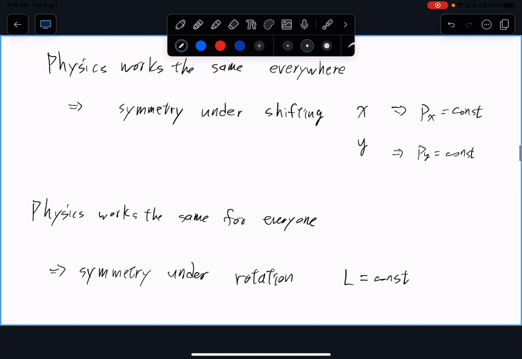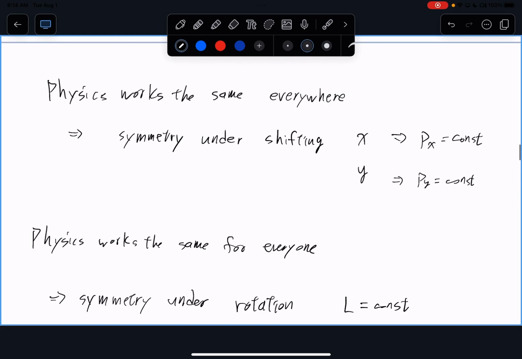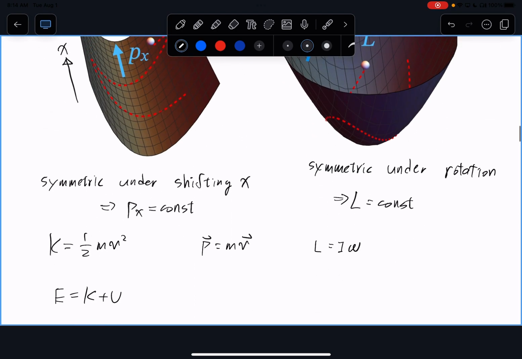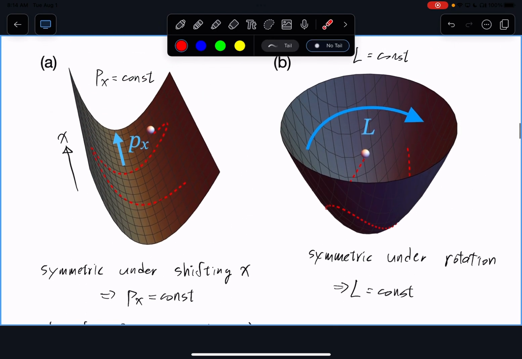Finally, we have energy conservation. And what does that correspond to? If you look at the shape of the valley, it is not changing when the ball is rolling. There's no earthquake. Have you guys been in any earthquake before? Okay, so earthquake is when the land is moving.